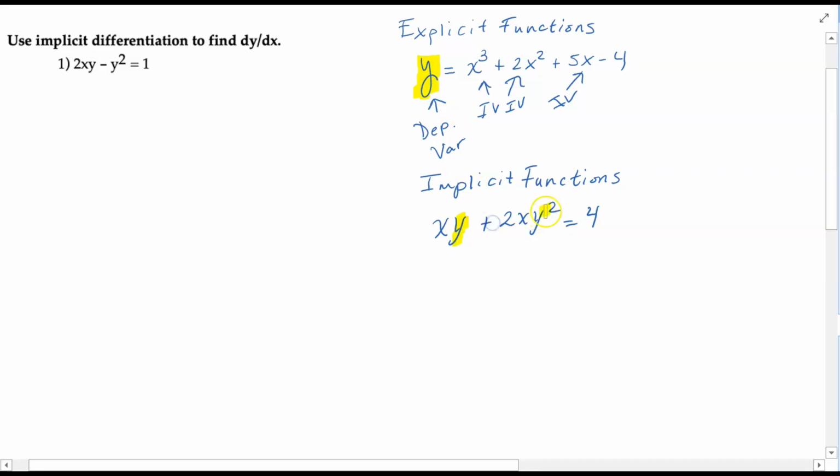Here, y is not easily separated. Sometimes it can be separated and you could take a derivative, but not always. And so that's why we have the need to study functions implicitly. We're analyzing implicit functions, and we're doing that by taking implicit derivatives.